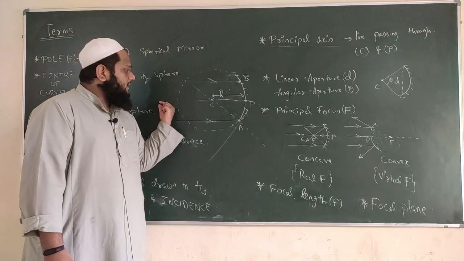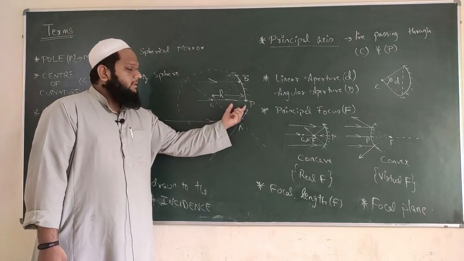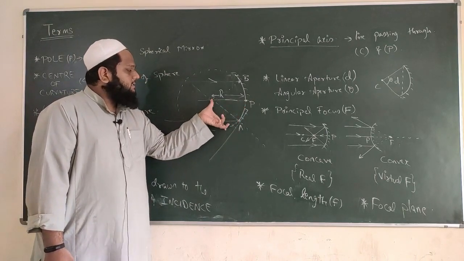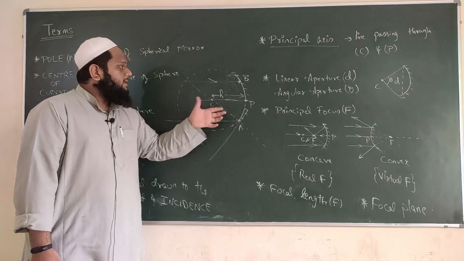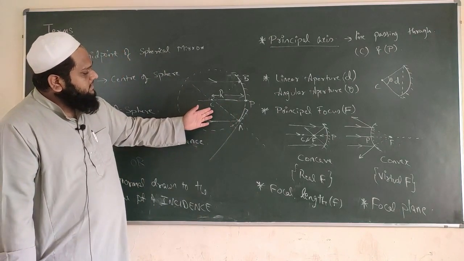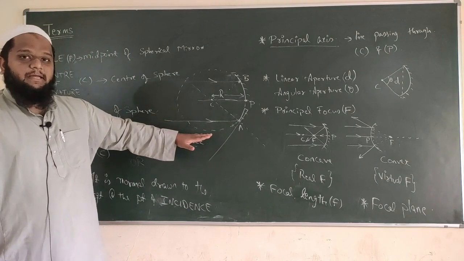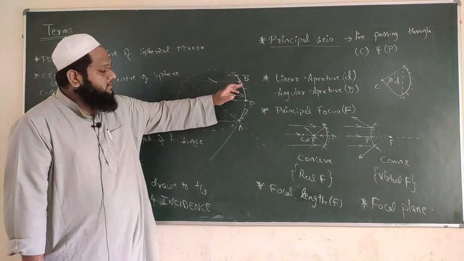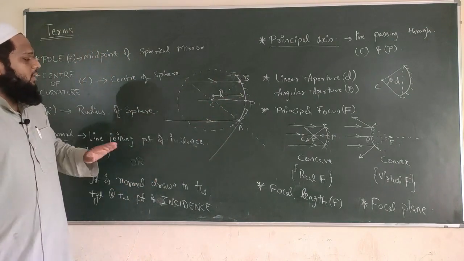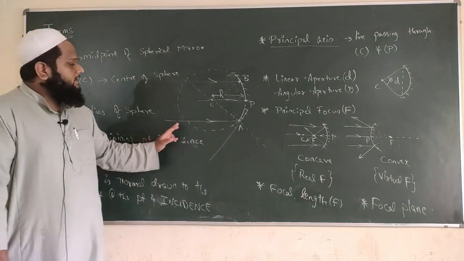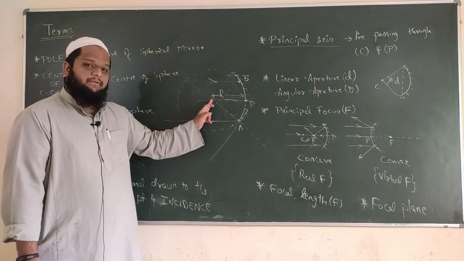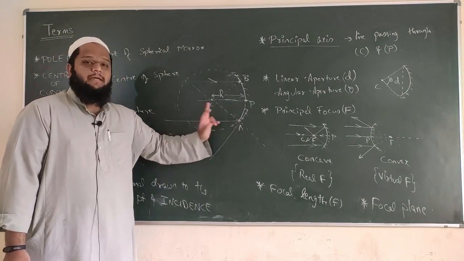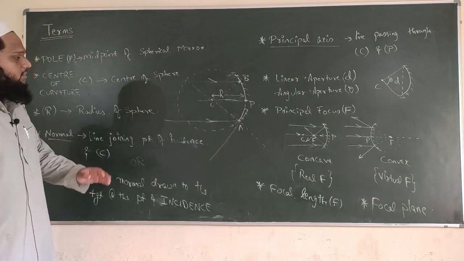Say the light is incident here, then this distance and this distance are different. Please understand it. The radius of curvature is different, the normal is different. Since this is bent in shape, you need to decide in that way. So for now just understand, the normal is the line joining the center of curvature to the point of incidence. So that is your normal.